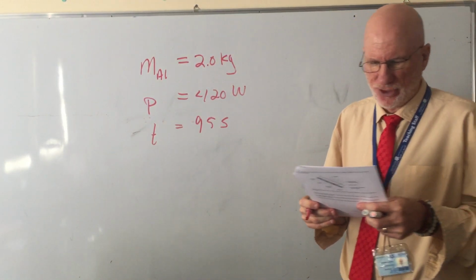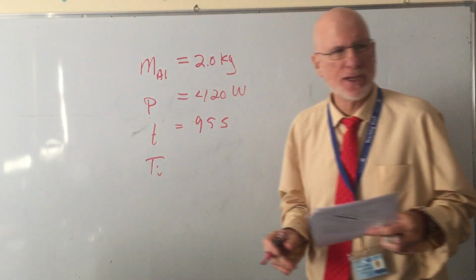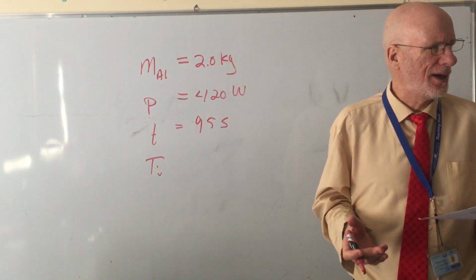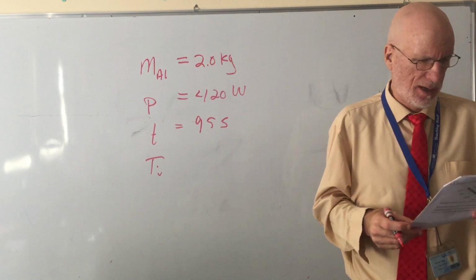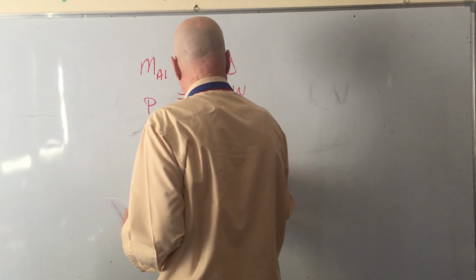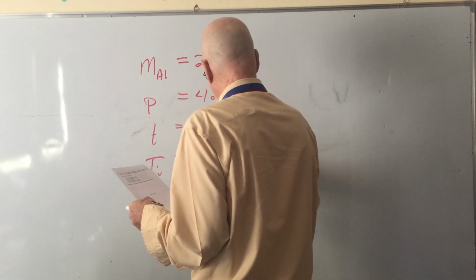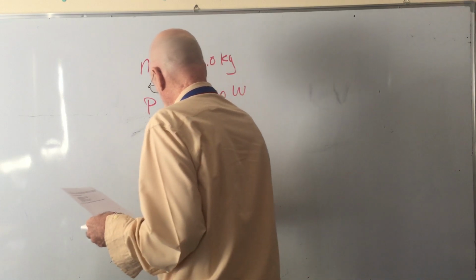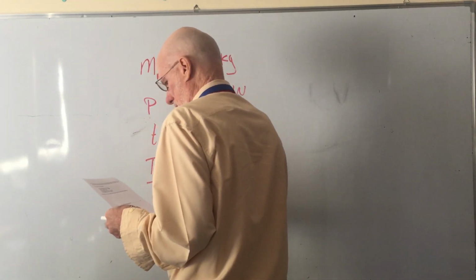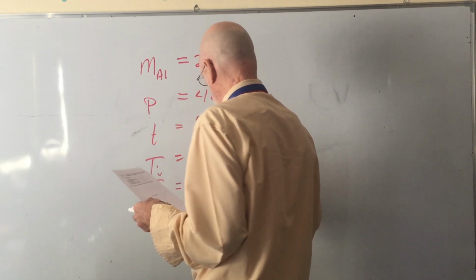The initial temperature, what do you guys use? I use T sub i, is that okay? Makes sense? Okay. 19.5 degrees Celsius. And then T final equals 40.5 degrees Celsius.